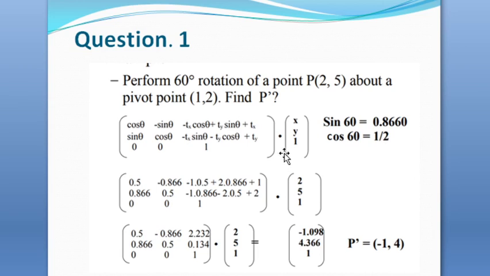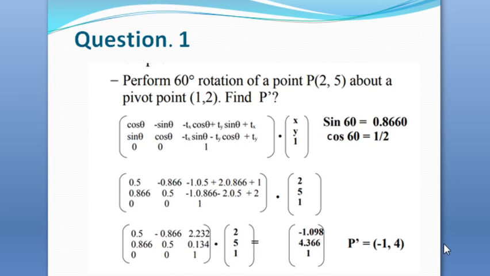This is multiplied with the previous matrix. So for the matrix multiplication, first we have to simplify this one. We get this value. Then multiply it with the P coordinate 2, 5. We get minus 1.099 and 4.366, so we get minus 1, 4.